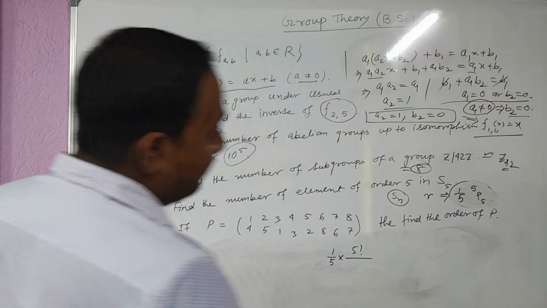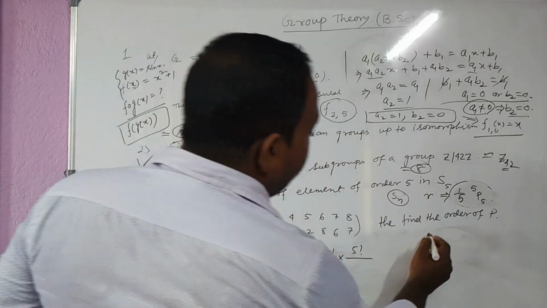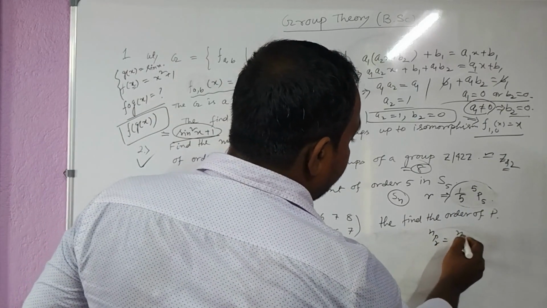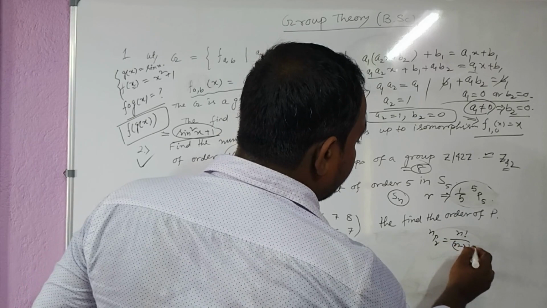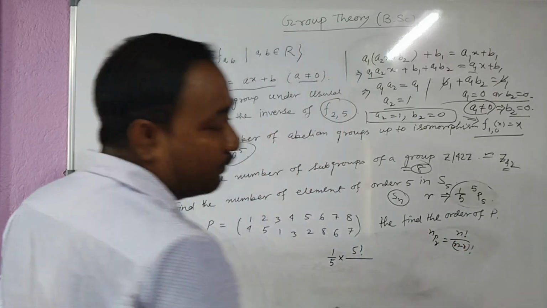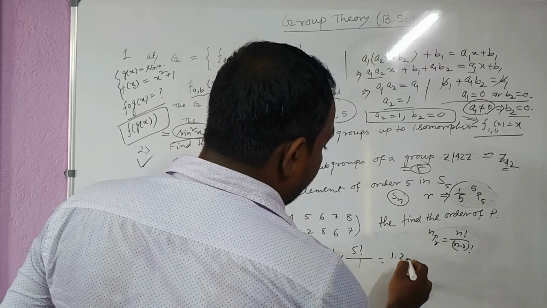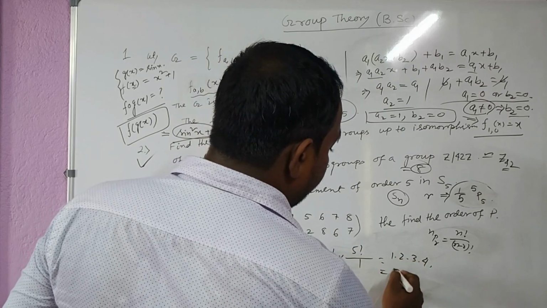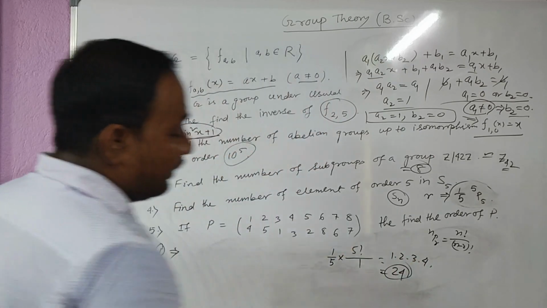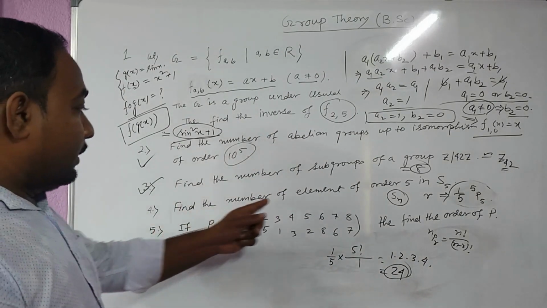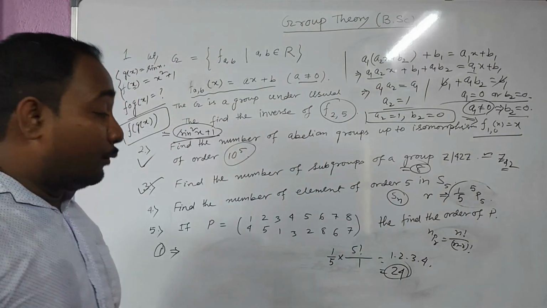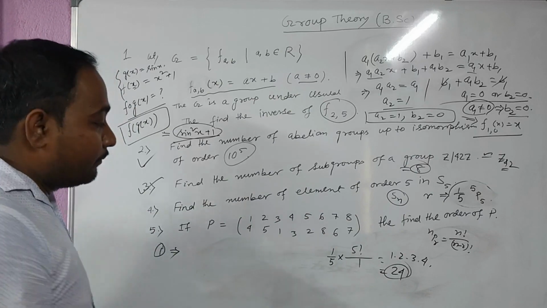That means nPr equals n factorial by (n minus r) factorial. So it will be 0 factorial, which is conventionally 1, and this equals 5 factorial by 5, that is 1 into 2 into 3 into 4, which is 24. So the number of elements of order 5 in S5 will be 24, right?